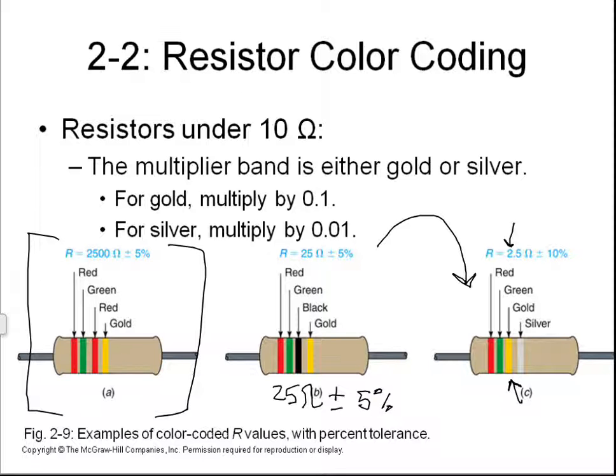So in this case, I have 2.5: red and green, 2.5. The gold says that is times 10 to the minus 1, or times 0.1, which would make it 2.5, and with the silver tolerance band, plus or minus 10%.